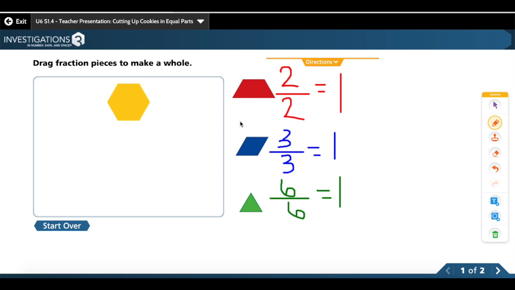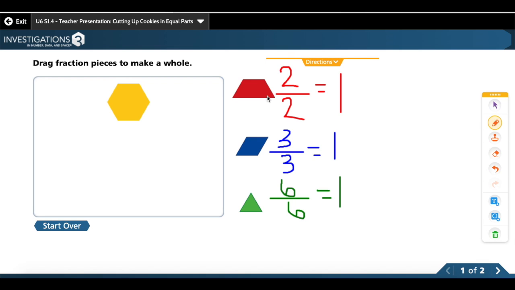A little bit easier for myself, I made it color coordinated so you could see the red trapezoid. If I had 2 red trapezoids, that's equal to 1 whole hexagon. If I had 3 blue rhombuses, that would be equal to 1 whole hexagon. And if I had 6 green triangles, that would be equal to 1 whole of my hexagon as well.